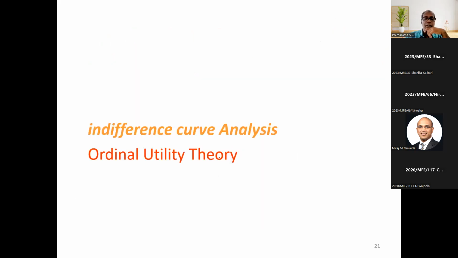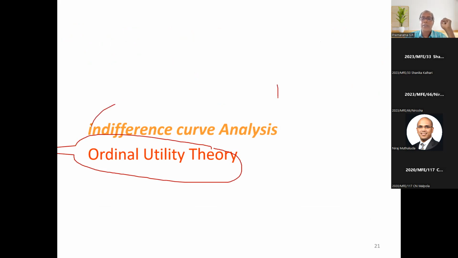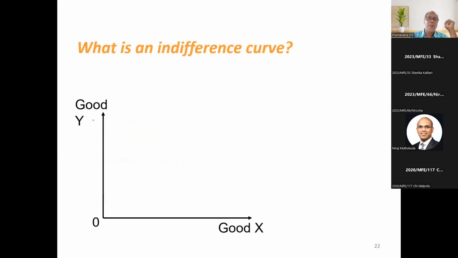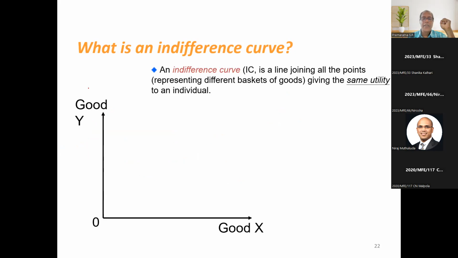Now, the second approach, the ordinal utility approach. We have to understand two instruments. One instrument is the indifference curve, and the other one is the budget line. So we started last time with the indifference curves. First, we try to understand what an indifference curve is. As I explained last time, different combinations of goods, or different baskets, the A basket, the B basket, or on the line, the C basket, whatever the basket, give the same level of satisfaction.